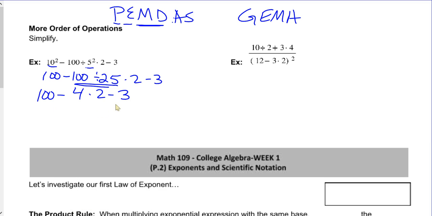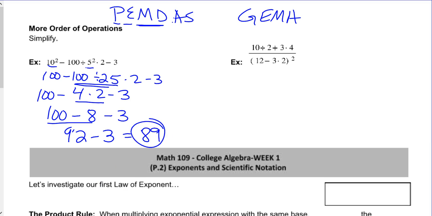Now, we have 2 subtractions and a multiply. So the multiply has to come first, so I have to do this part first. Again, I'm going to go 100 minus 8, which is the product of 4 and 3. And now I go forth and do my subtraction. So technically, this one left to right has to be done first. That's a 92. Minus a 3, and my final answer here is 89.